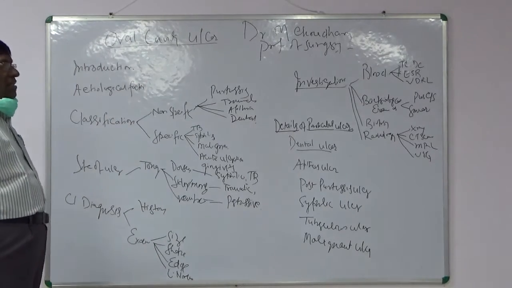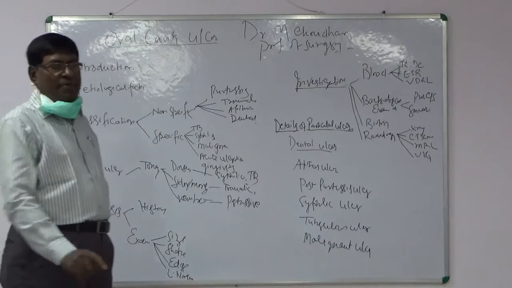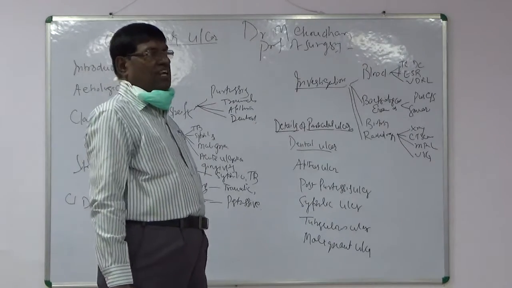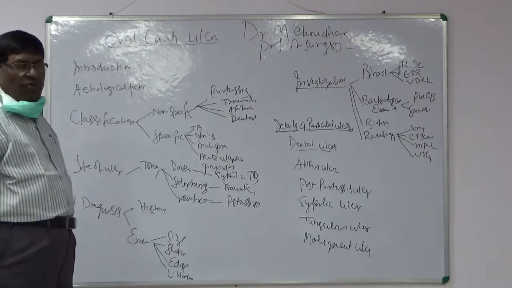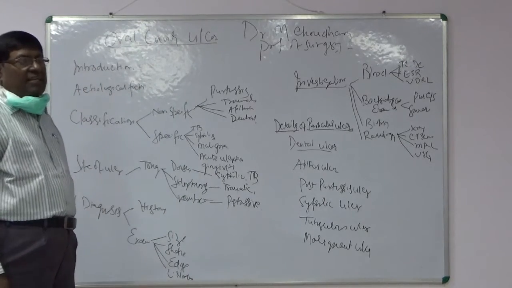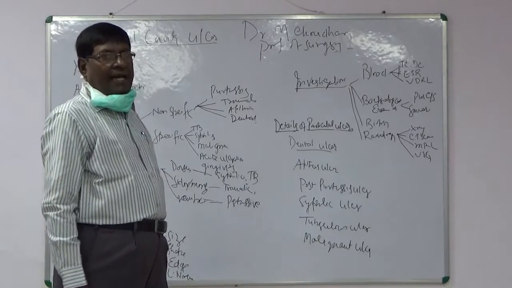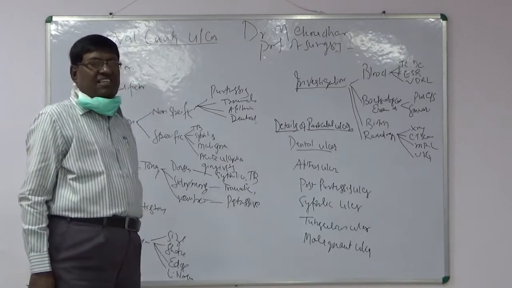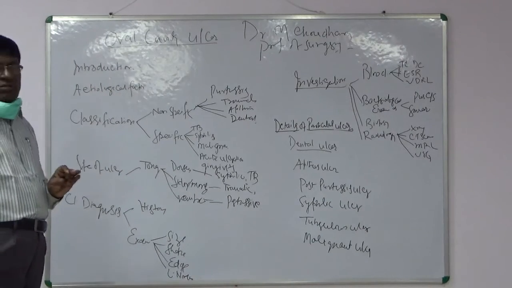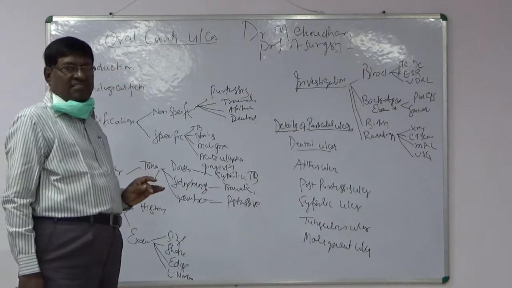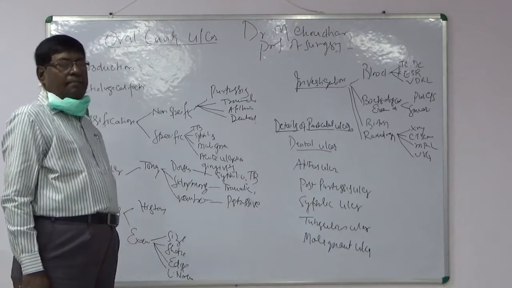The oral cavity serves so many physiological functions in our life. By the oral cavity we chew the food, we breathe through the oral cavity, we deglutate the food, and there are so many other functions. The oral cavity contains the lips, the gums, the teeth, the tongue and the palate.